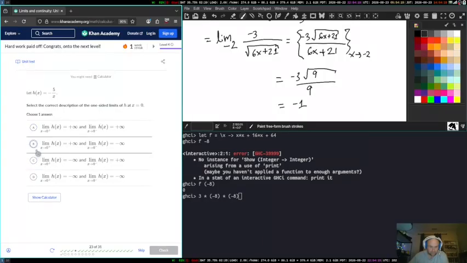No. Wait. This is so confusing. So from the right, no, from the right it's going to go down. From the left, it's going to go up. Yeah.